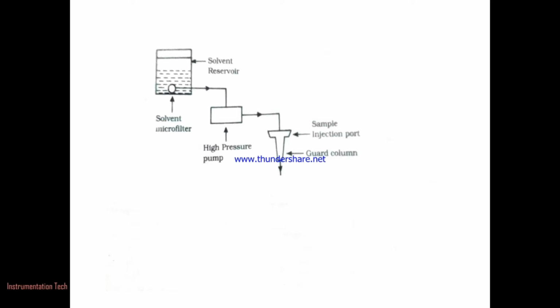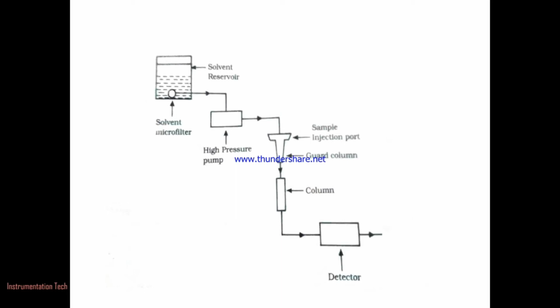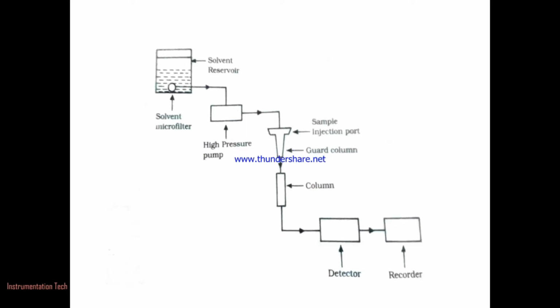It is a device used to inject sample into the mobile phase. Then column, in which separation takes place. Detector is used in detecting the concentration of the sample components as they come out of the column. A recorder is to produce the chromatogram.